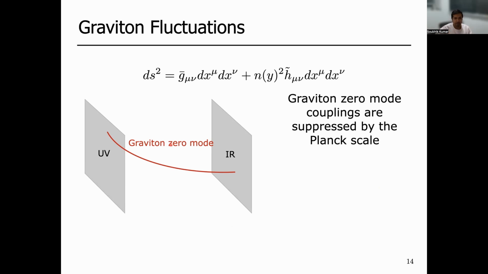Now, one irreducible aspect of this extra-dimensional space-time is that you, of course, have gravitational fluctuations. In particular, around some static background, you will have some graviton fluctuations. Once you do the standard extra-dimensional analysis, you will find that there is a graviton zero mode that is localized on the UV boundary, and any states that talk to this graviton zero mode, which is responsible for reproducing 4D gravity, all those couplings would be suppressed by the Planck scale.